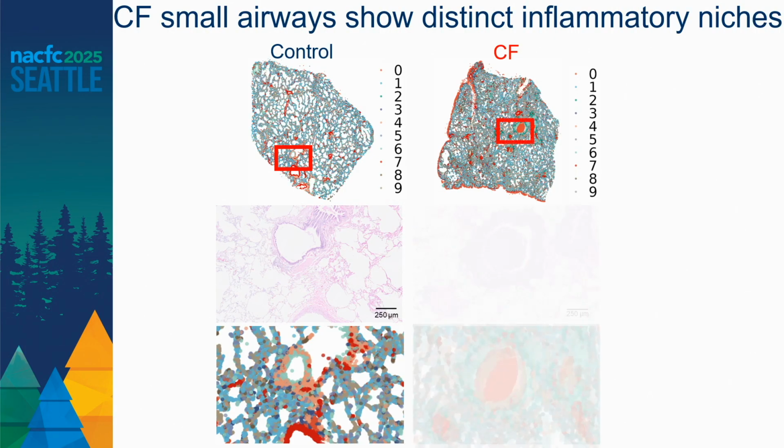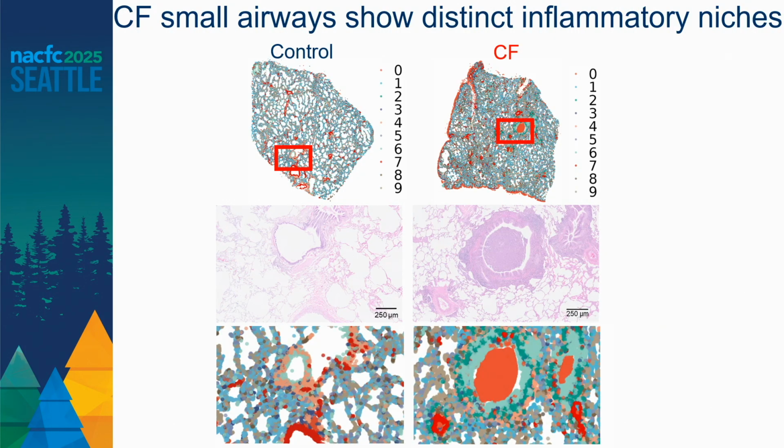And in CF, we could also follow the same trends. I mean, we could detect the epithelial cell layers, but interestingly, intraluminal spaces are filled with neighborhood 0 annotated cells, and in the submucosal area, there are deep green dots surrounding the airways we detected. So this is neighborhood 2.